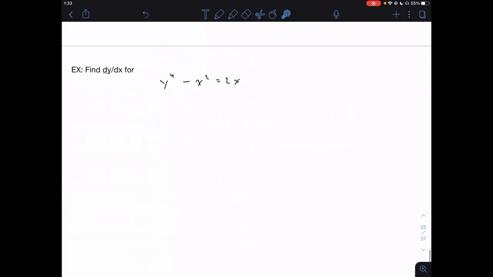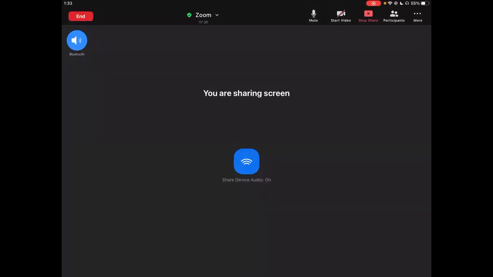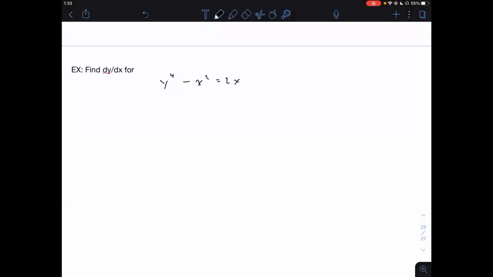So let's do a couple more examples here. Suppose we want to find the implicit derivative of dy over dx for this equation of y to the fourth minus x squared equals 2x. Okay, so again, following the steps, the first thing we want to do here is take a derivative of both sides with respect to x, pretty much multiplying both sides of this equation by this differential here.